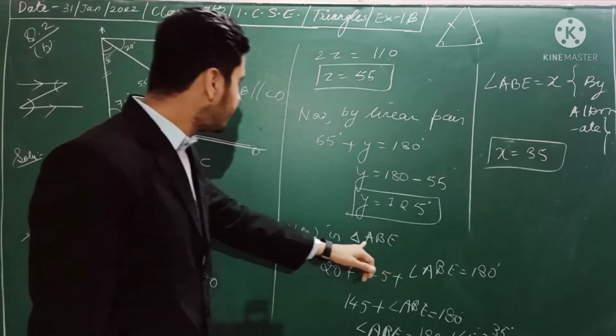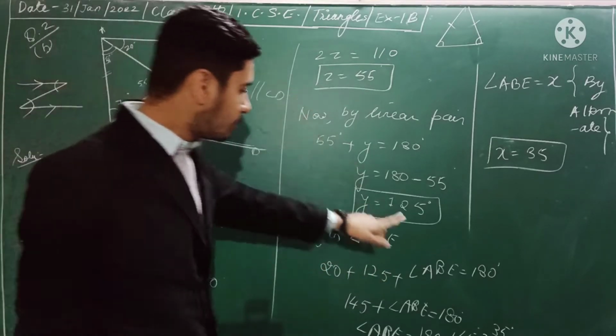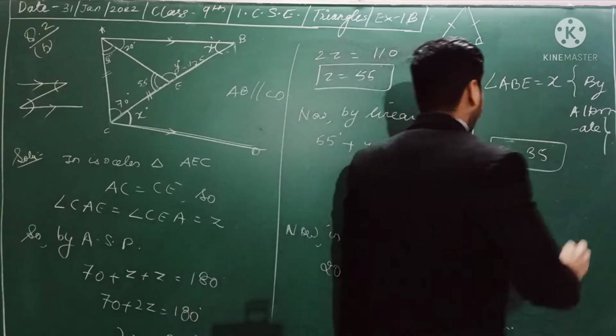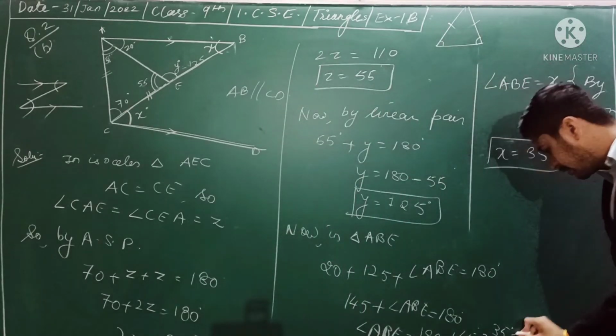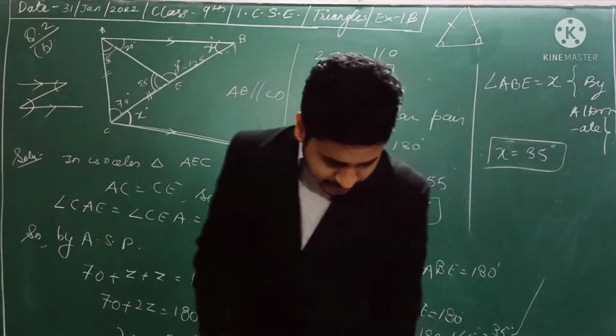In triangle ABE, 20 plus 125 plus Z is equal to 180. On solving, we got 35. So by the alternate interior angle reason, x is equal to 35 degrees. I don't think this is a challenging question for you.